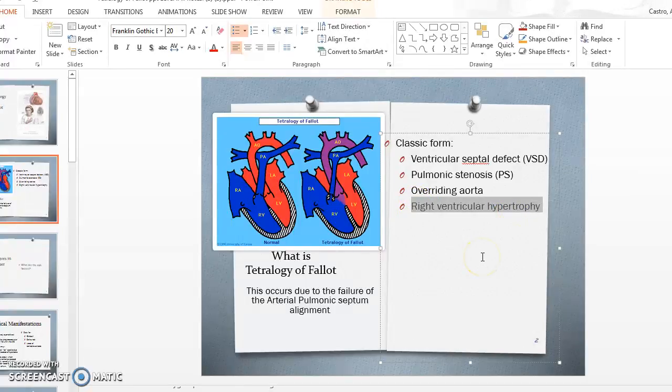That doesn't occur just because, oh, it's just hypertrophied. It's from working so hard to try and pump the blood up here into the pulmonary artery, but that pulmonic stenosis makes it very difficult to do that. So that's a problem.